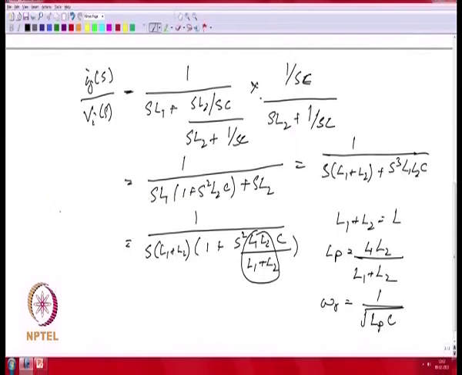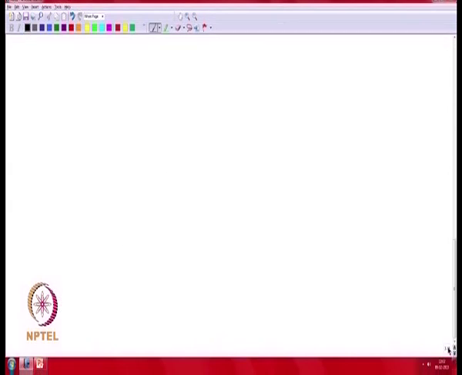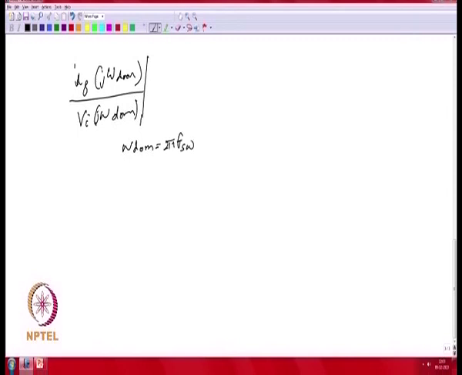If you look at this expression over here, we can write this term as Ig at your dominant frequency, and your omega dom, we saw from our Fourier spectrum, is essentially 2 pi times the switching frequency.